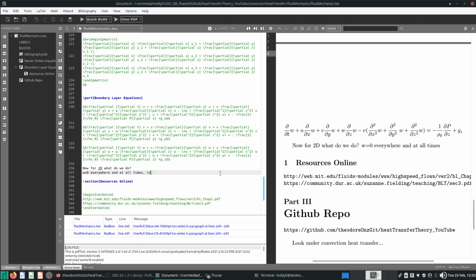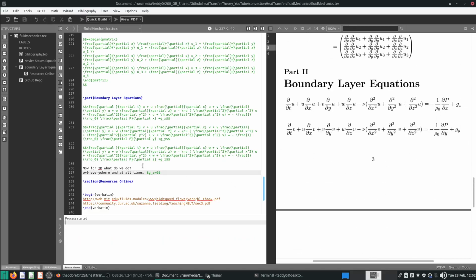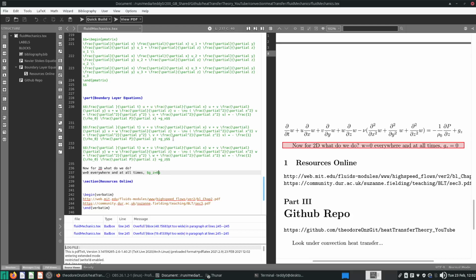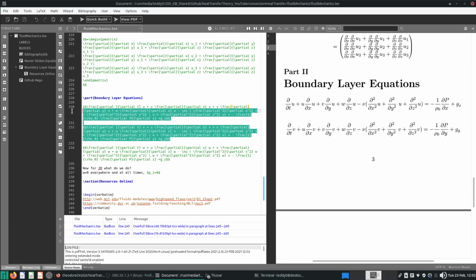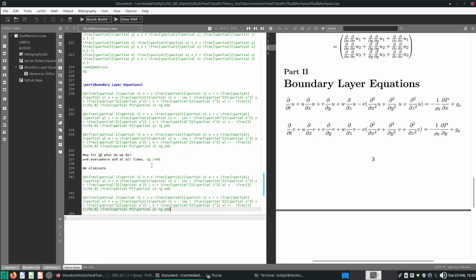Okay, that's the other assumption we are going to make. So all in all, the pressure gradient with respect to z is 0. Nothing too interesting there. So we can also eliminate the z terms from the x and y momentum balance.